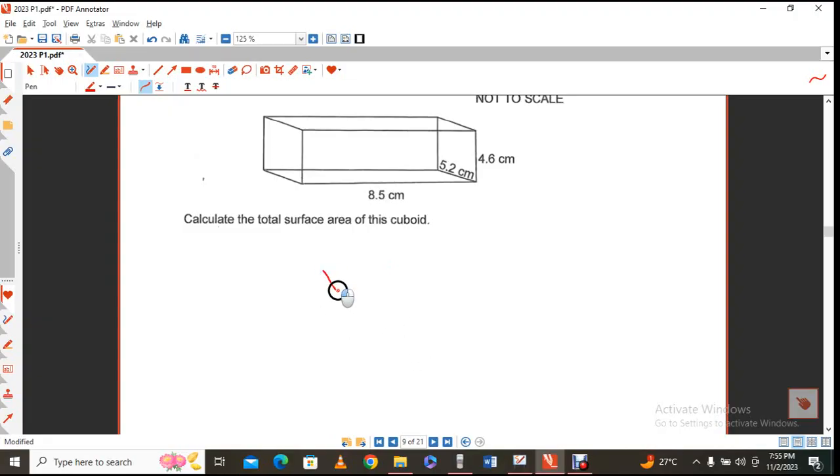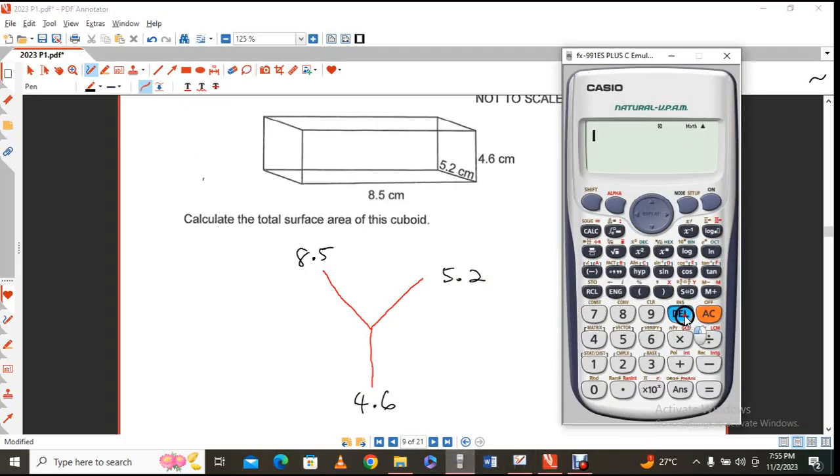I make myself a Y like so. Can you see that? And then I write the numbers at the end of those Y's. So I'll write here 8.5, 5.2, it doesn't really matter how you write them. And these regions here will be the product of that. So I will have 8.5 times 5.2.